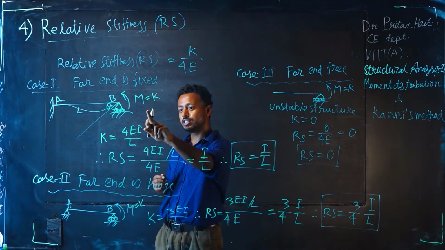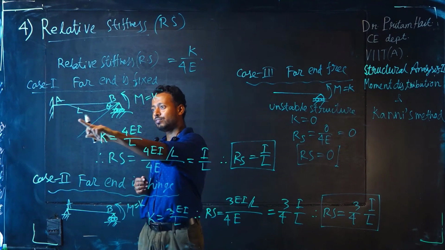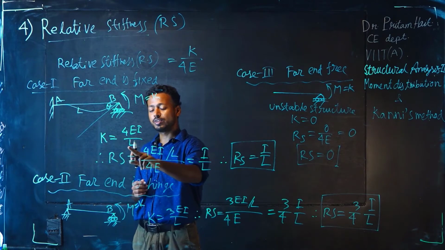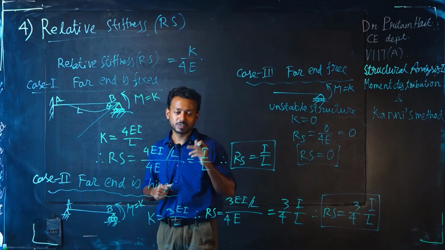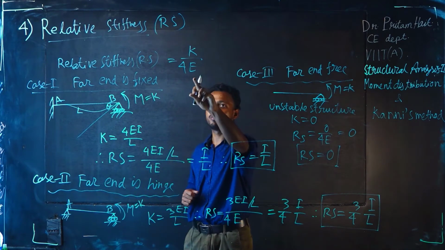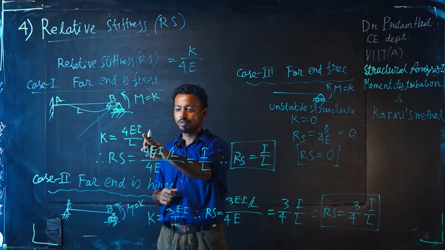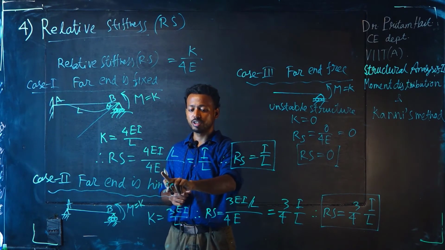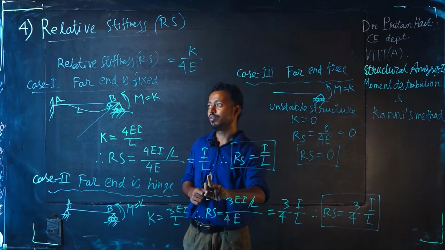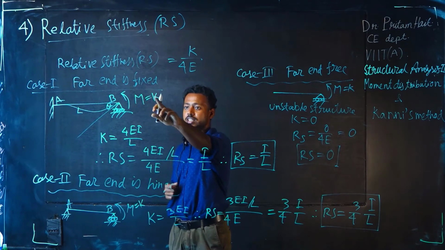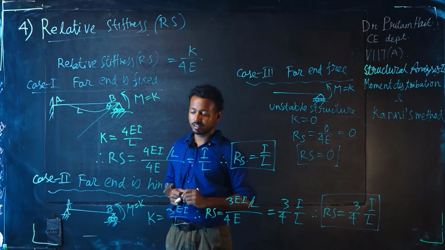So stiffness K equals 4EI by L. Now relative stiffness can be calculated as K by 4E. So RS equals, this is K, 4EI by L, and this is 4E. So you can calculate RS equals I by L. So for far end is fixed, relative stiffness equals I by L.